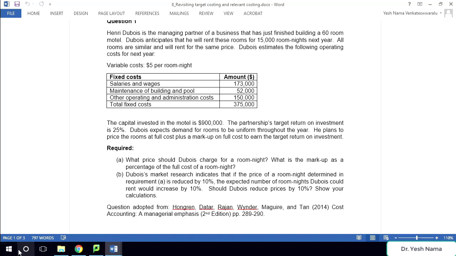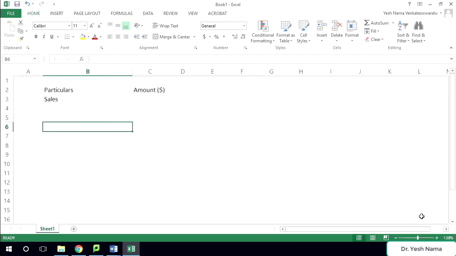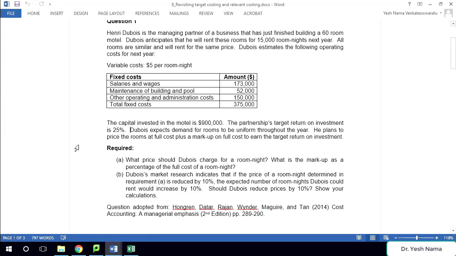So let us work out some numbers. If we are talking about 25% return on 900,000, that's 225,000, and that should be our operating profit. If we are basing our costs on full cost plus a markup, we need to earn revenue of 15,000 room nights times a selling price, which we do not know at the moment, which should cover all our variable and fixed costs.